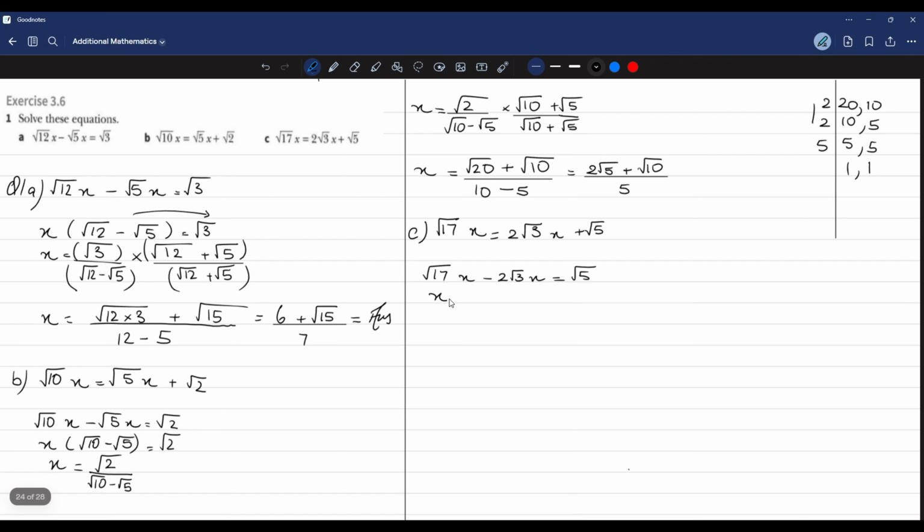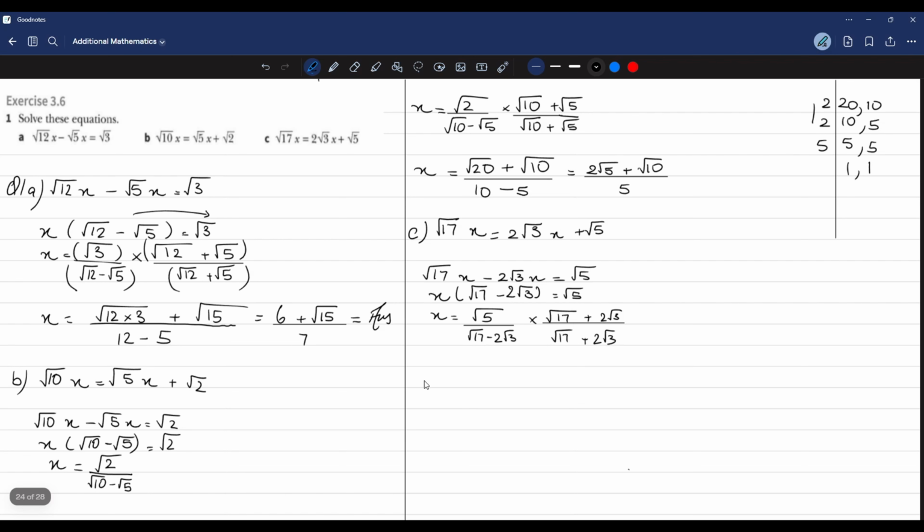We can take x as the common factor: under root 17 minus 2 under root 3 is equal to under root 5. So x is equal to under root 5 divided by under root 17 minus 2 under root 3. Now what would be the conjugate surd for this? That would be under root 17 plus 2 under root 3.